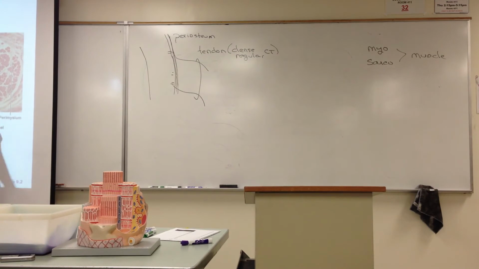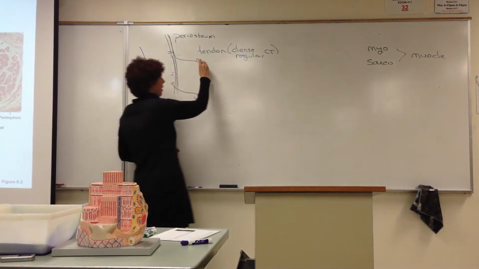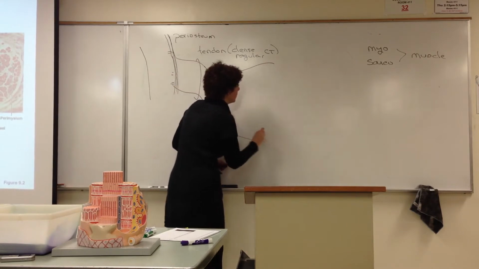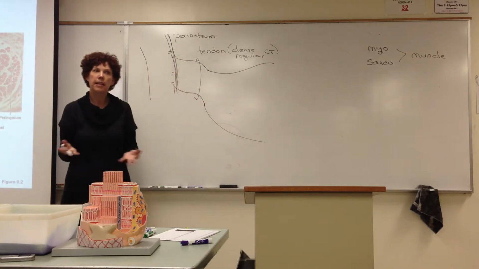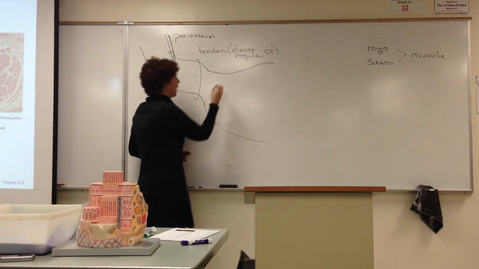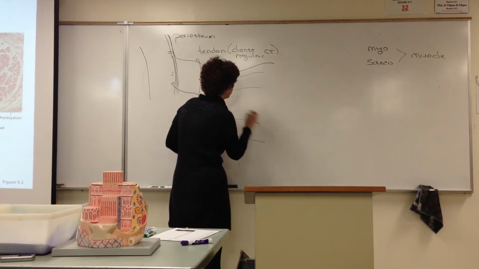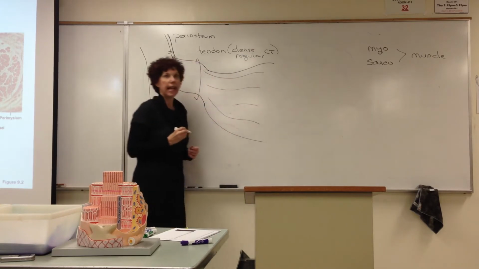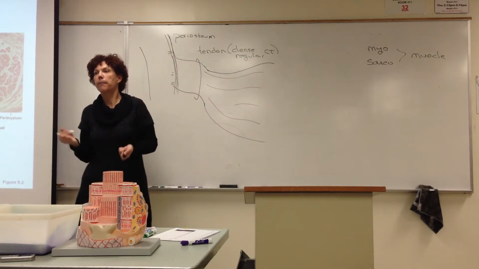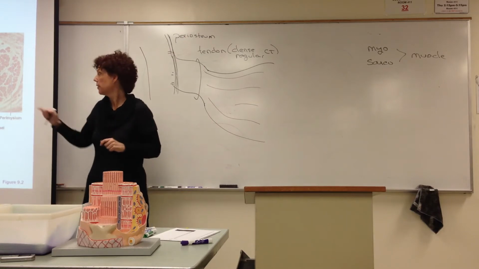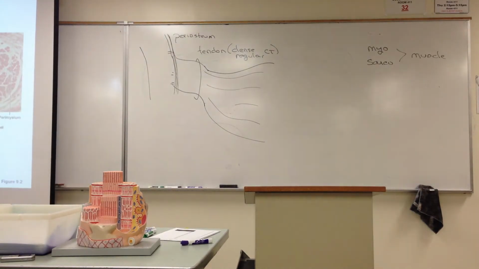All right? So these are going to come from the sheath that surrounds the named muscle. And so this band of connective tissue, when it's actually over the muscle itself, is known as the epimysium. Right? So this surface, if I'm touching a muscle itself, it's covered by dense regular connective tissue, which is known as epimysium.